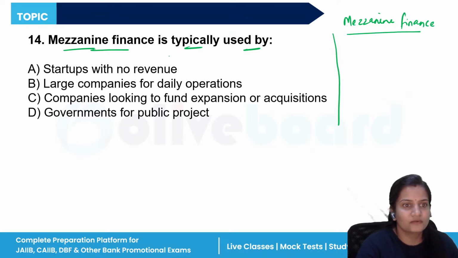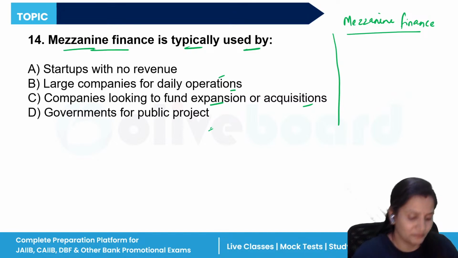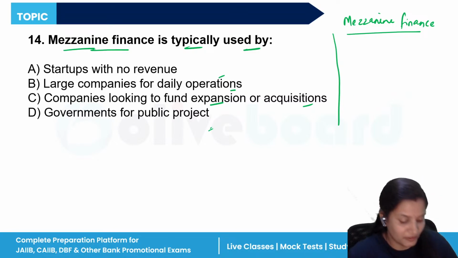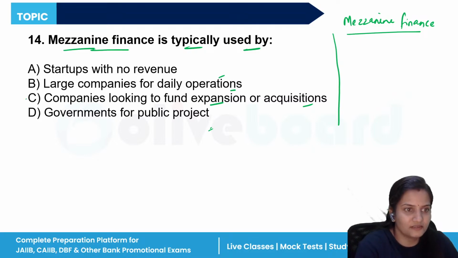Startups with no revenue, large companies who have to use their funds in their daily operations, companies looking to fund expansion or acquisition, or a government project fund for public projects. Yes, correct answer is C.